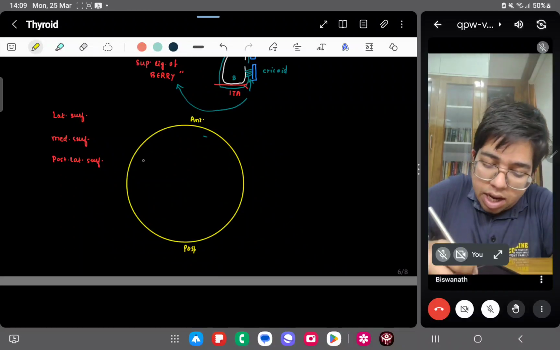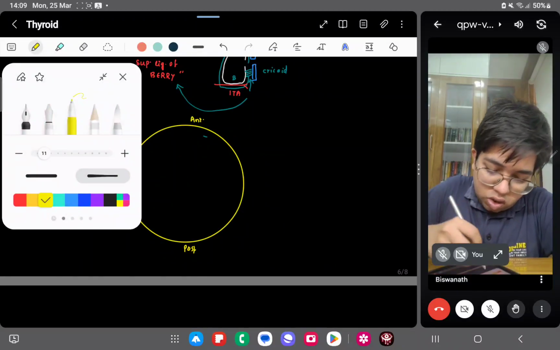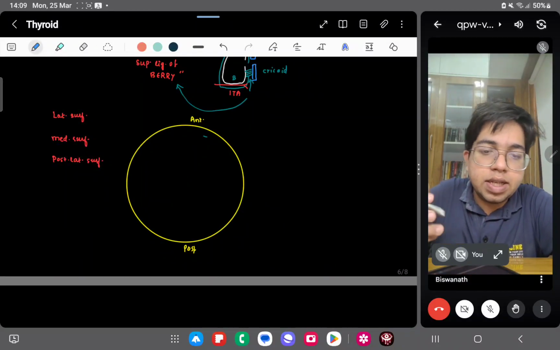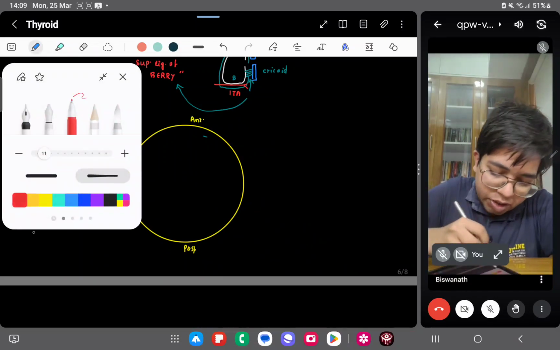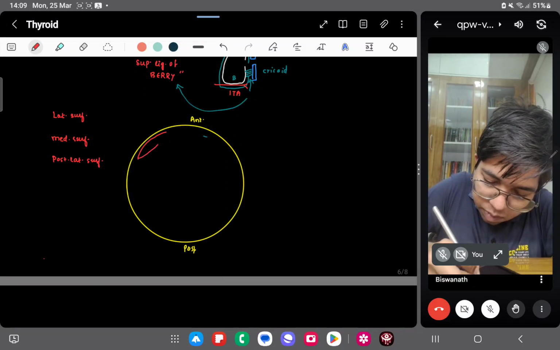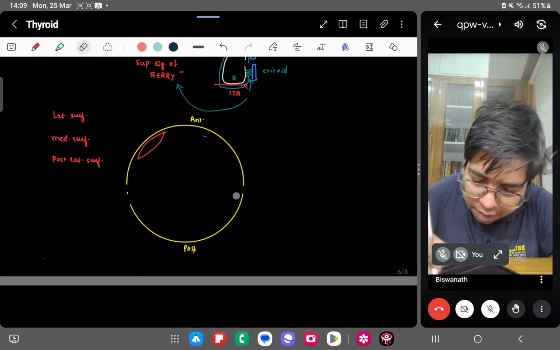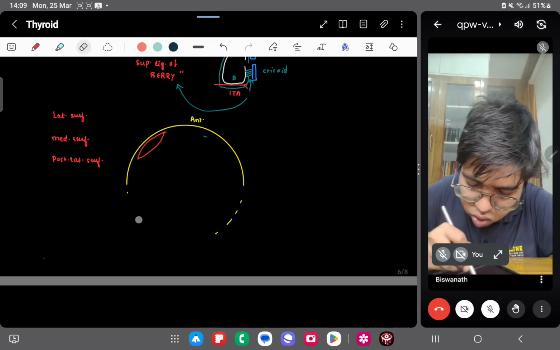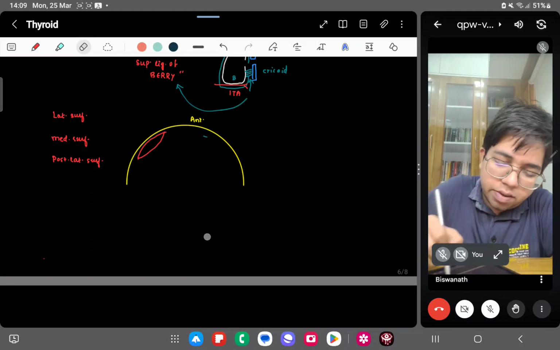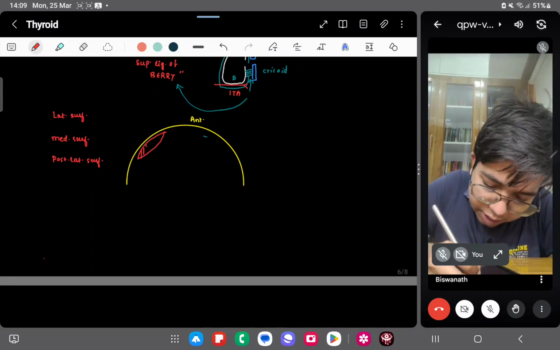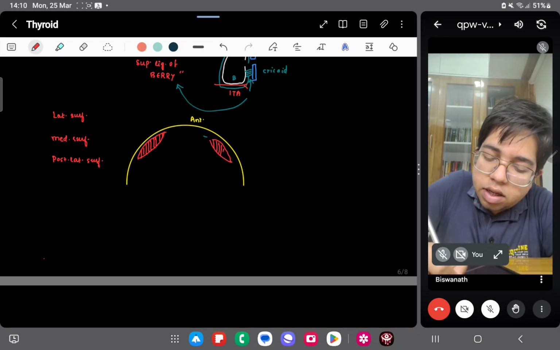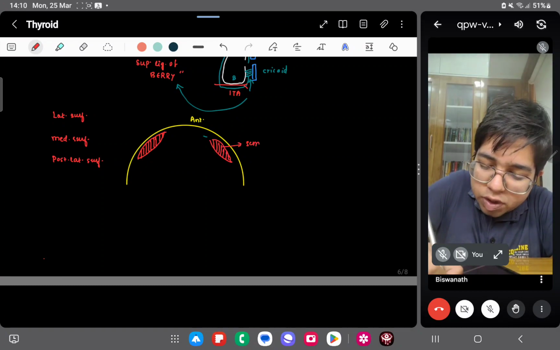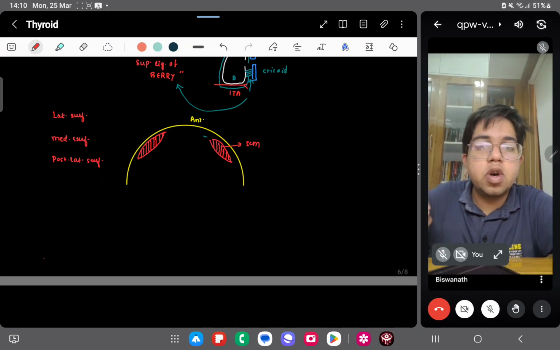In this part we'll have the sternocleidomastoid muscle. We can erase the other half of the diagram, since we don't need it. This is your SCM, and the sternocleidomastoid of the opposite side.